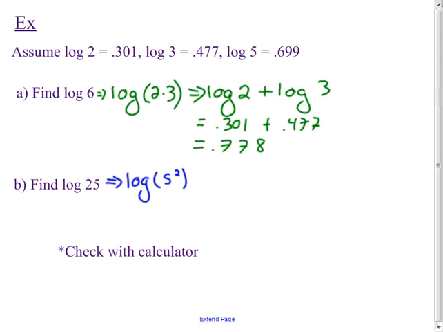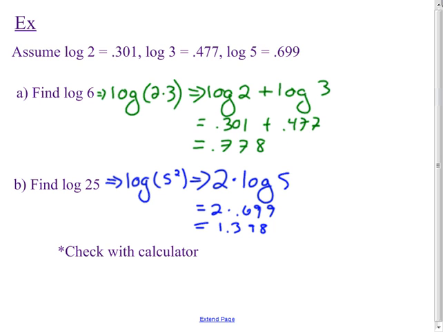So this is just the same thing as a log of 5 squared. And if there is an exponent attached, that's the same thing as 2 times the log of 5. Log of 5 is 0.699. So that's 2 times 0.699, and 2 times 0.699 is 1.398.